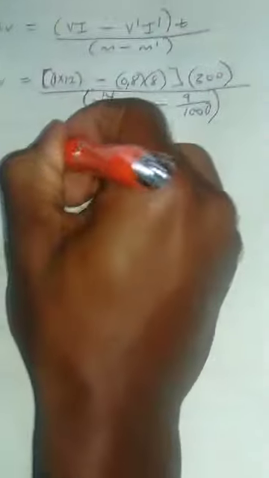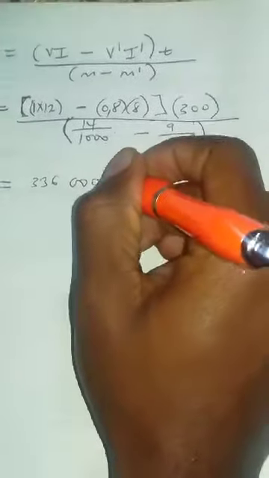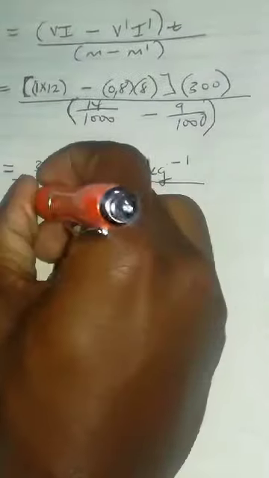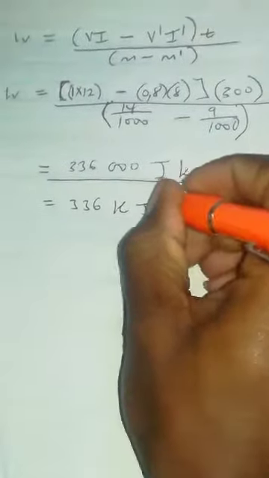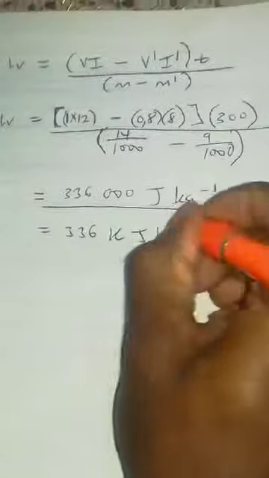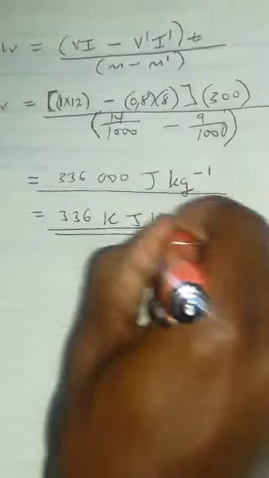So this gives me 336,000 joules per kg. So this is our specific latent heat of vaporization. If you want, you can say it's 336 kilojoules per kg. It's still the same, right? That is for part A.